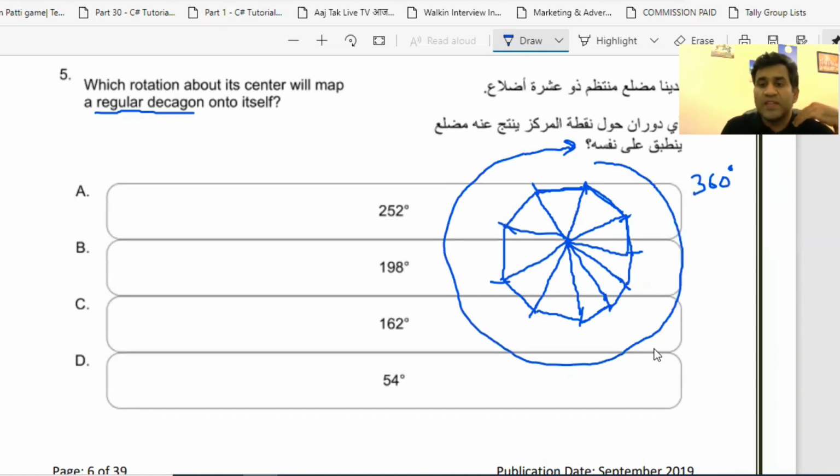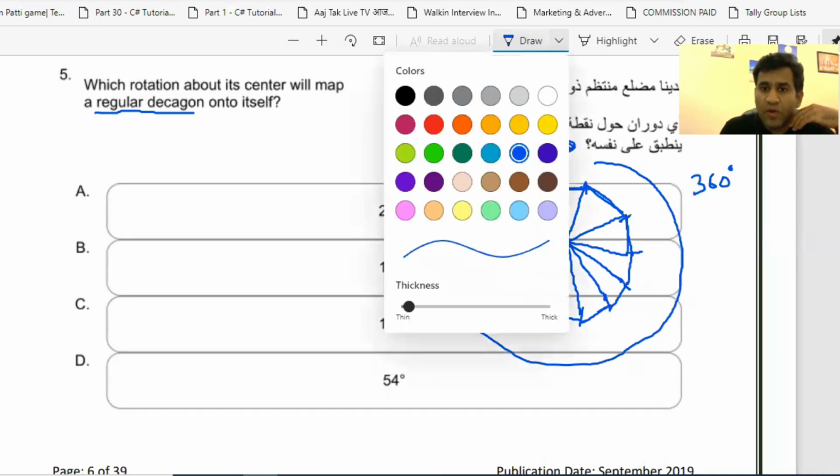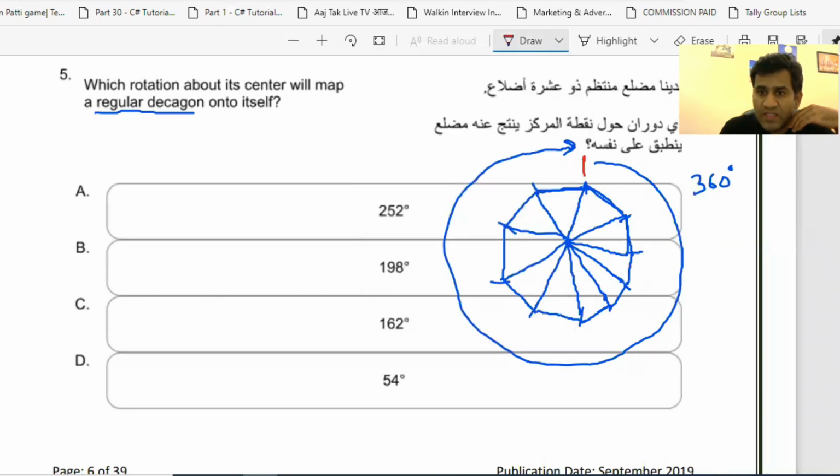Let's suppose a decagon is starting from this point. It rotates, then rotates, then rotates, and while coming back again to the same point, it will make 10 rotations, like the needle of a clock. So we can say 1, 2, 3, 4, something like that. It makes 10 rotations.